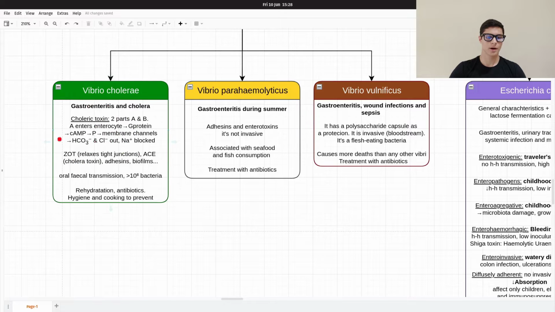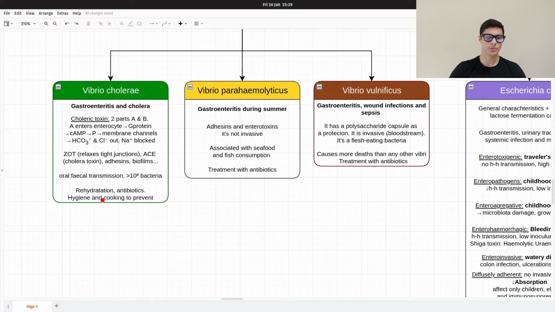Then Vibrio cholerae also has the ZOT, which is used for the relaxation of the tight junctions between the enterocytes, and the ACE, the cholera toxin, as well as adhesins, biofilms, and other things they use as virulence factors. The fecal-oral transmission is the main one, and you need more than 10 to the 8 bacteria to contract the disease.